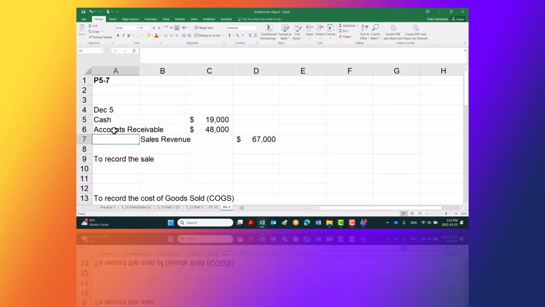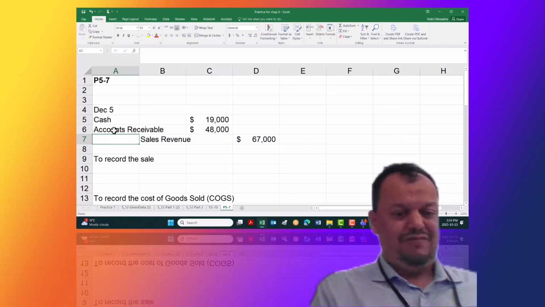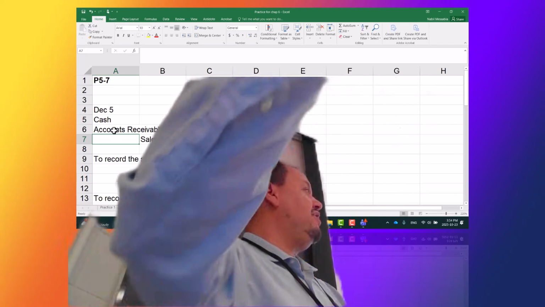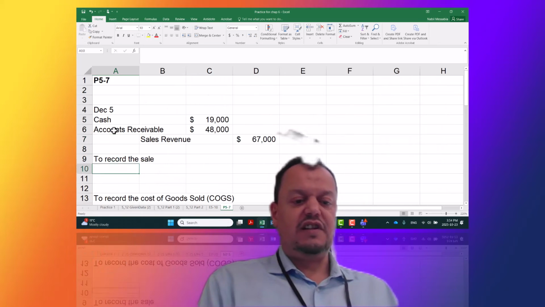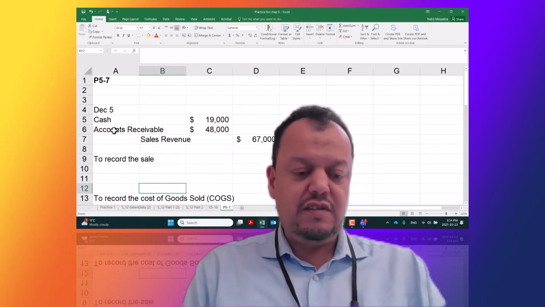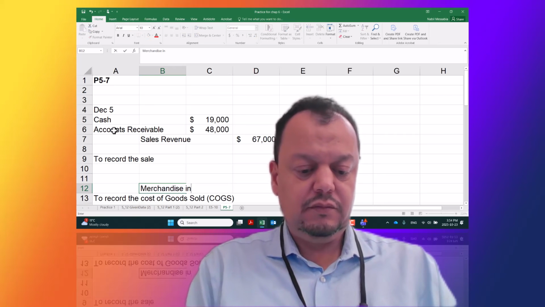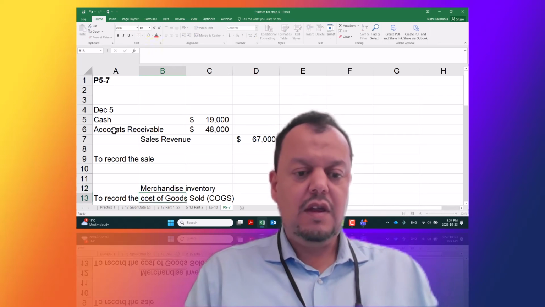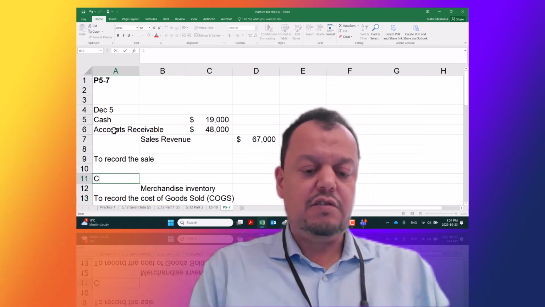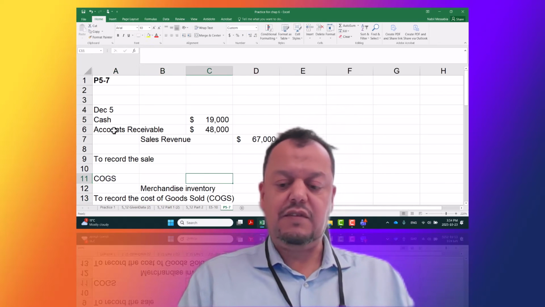The cost is $35,000. How do we account for that $35,000? We credit our inventory. Very good. And debit cost of goods sold. Exactly. Yeah, but we have given up inventory, so it should be on the credit side. Merchandise inventory. And debit cost of goods sold, $35,000.